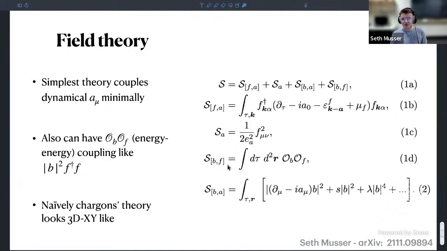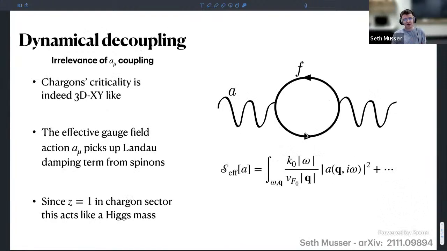So this is the field theory that we want to work with. It turns out that this extra coupling, the coupling to the spinons and the coupling to A mu, are not going to turn out to be relevant, and I'll walk through those arguments. So really, all this criticality boils down to a 3D XY transition of the chargons, superfluid to insulator.